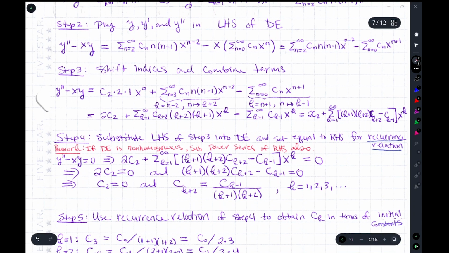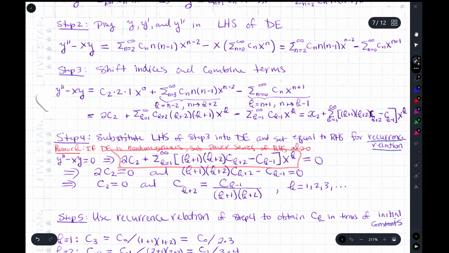So now this is where we express that whole differential equation in terms of our power series. And I make a note that if the differential equation is non-homogeneous, we would substitute a power series for the right-hand side also, for a particular solution. But that's just a remark, and I'll say more about that later.